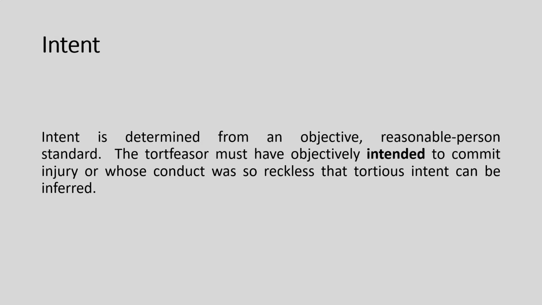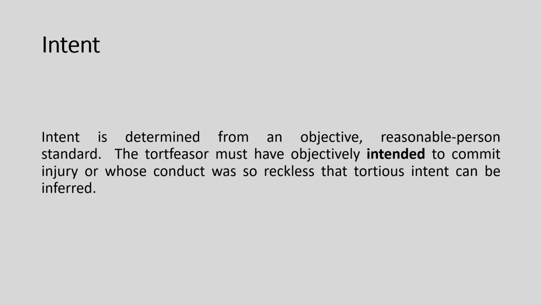When we talk about intentional torts, obviously the key is intent. Intent is determined from an objective, reasonable person standard. It is not an internal subjective standard.